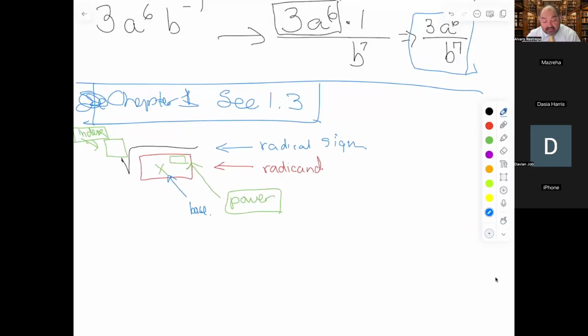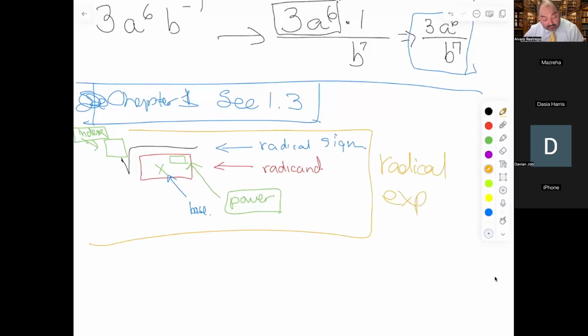This whole thing here, in orange, is called a radical expression. So we have the radical sign, we have the radicand, which is inside the radical sign, and inside the radicand, we have a base and a power. Outside of the radical sign, in that box to the left, we call that an index. It's important to know these values because later on, we're going to use all of them.